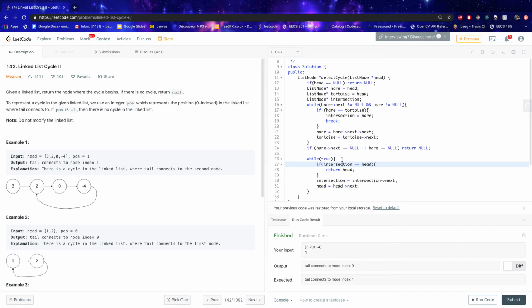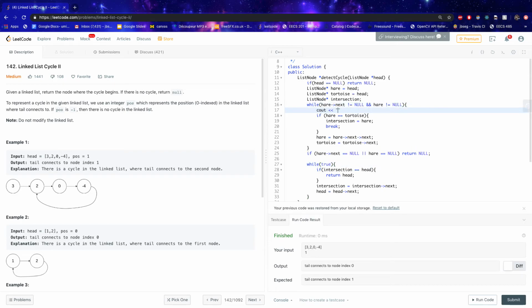This one, I want to see how many. So intersection was set. Tail connects to node at index 0. I want to see how many times it goes through.